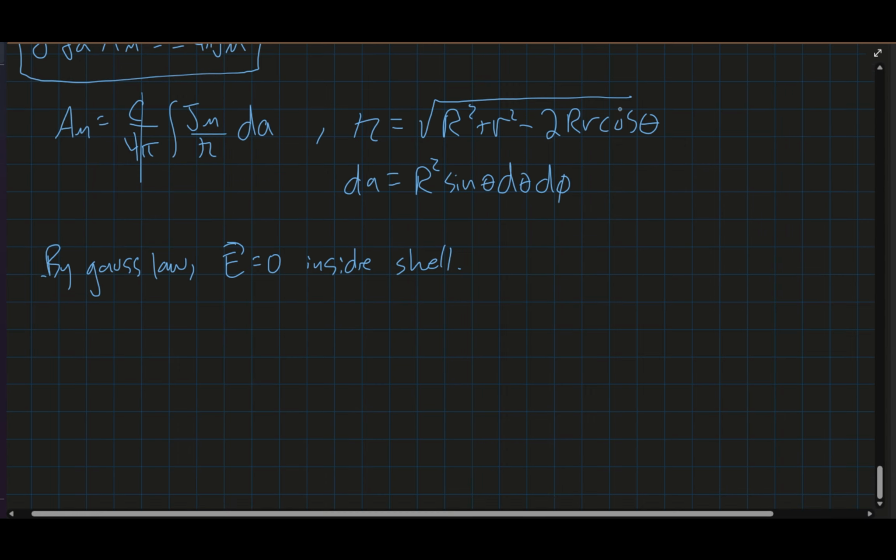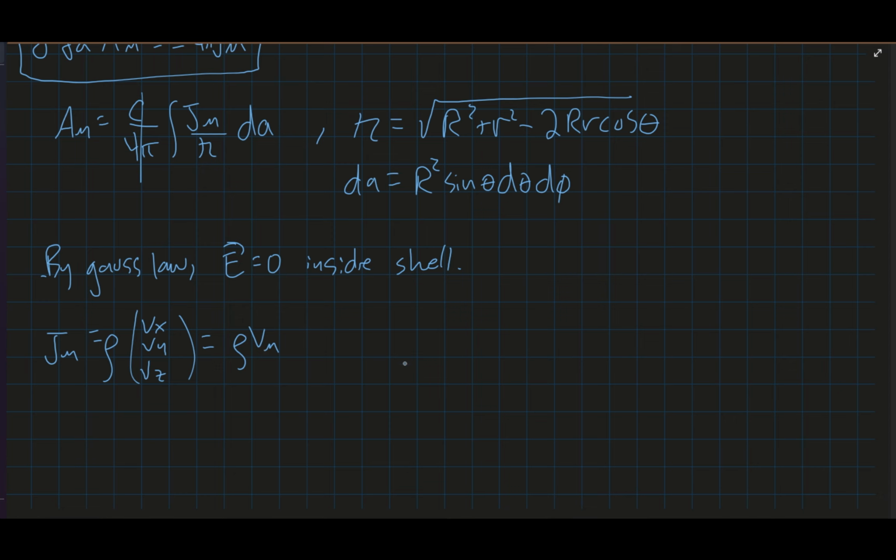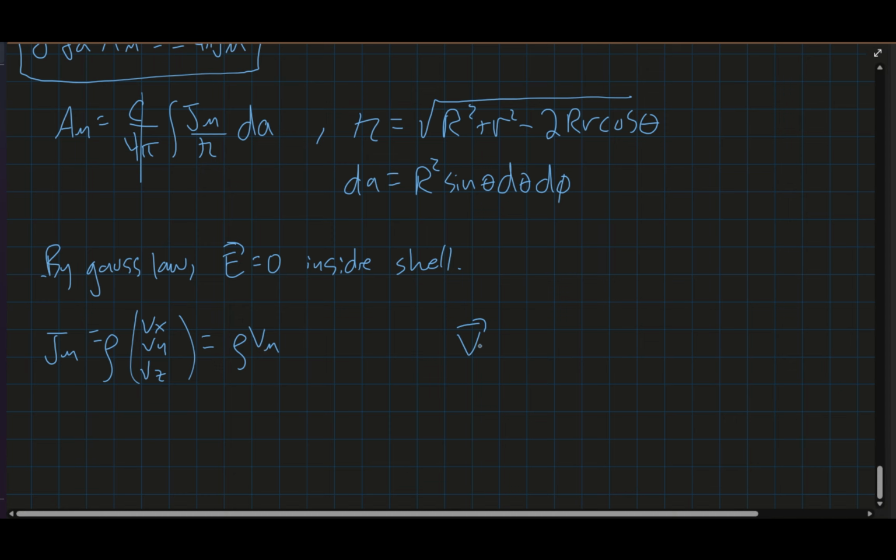And recall what we said in the last problem, that J mu is effectively just rho times these velocities. But the velocity of the shell is just going to be this expression here. So remember, v equals omega cross r.